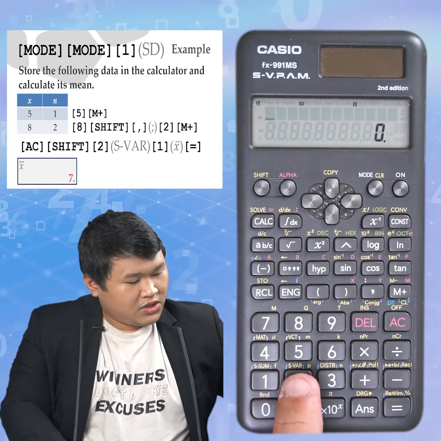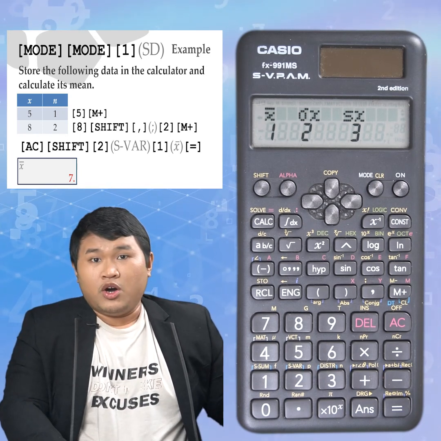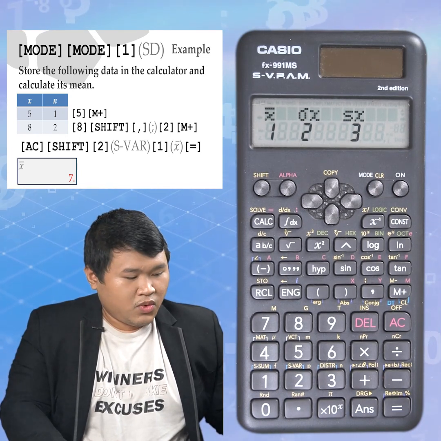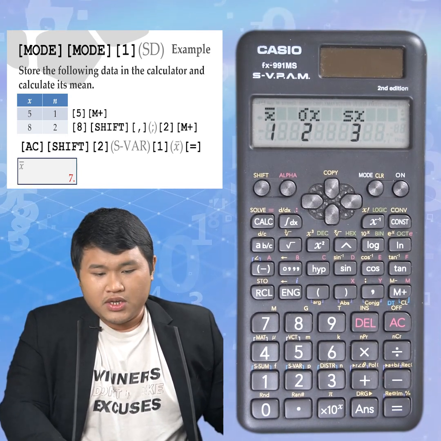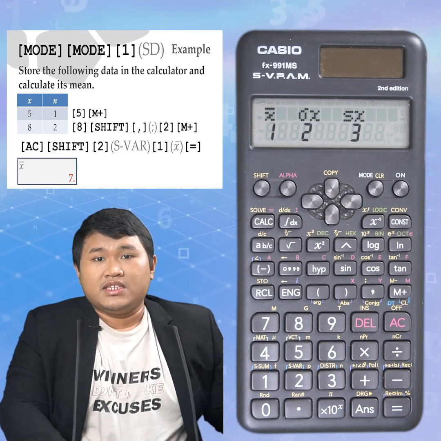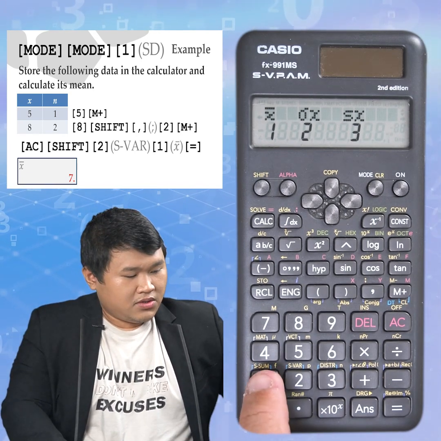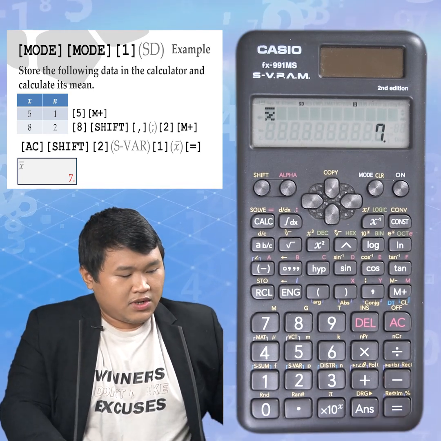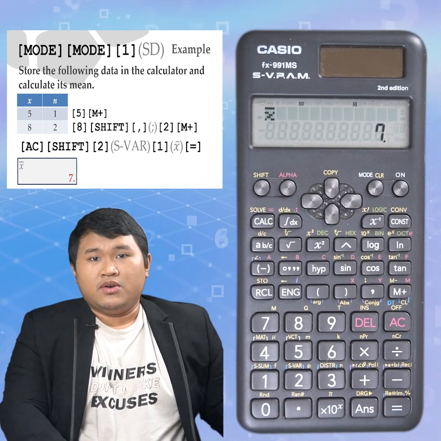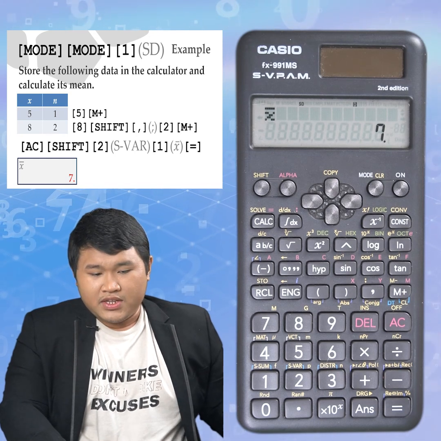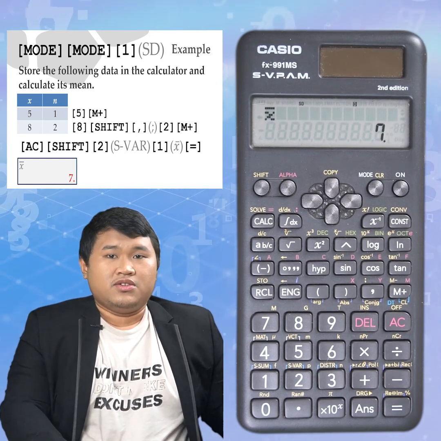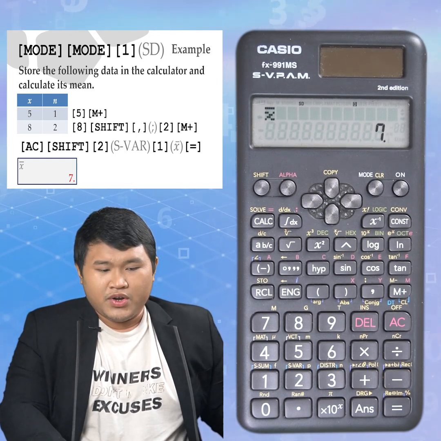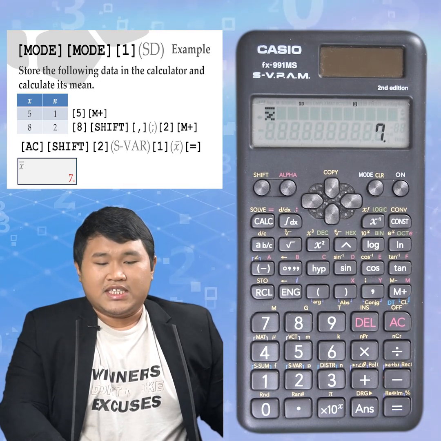Immediately we have options represented by 1, 2, and 3. For the mean, let us press 1, and then press the equal sign. We now have the value of 7, as expected. This is the final answer for the mean of this data set.